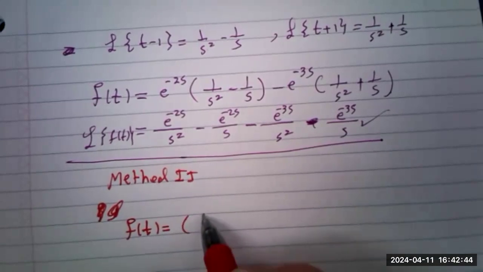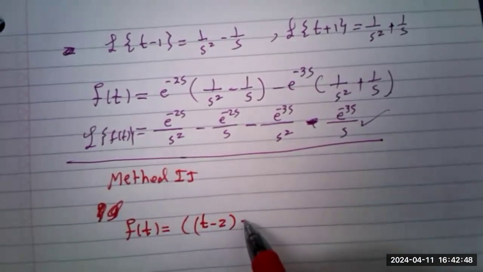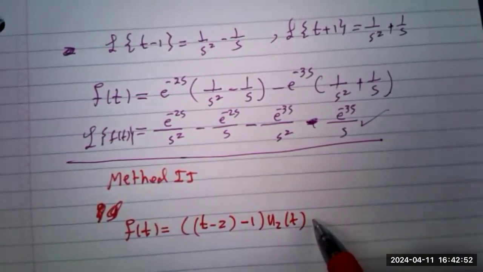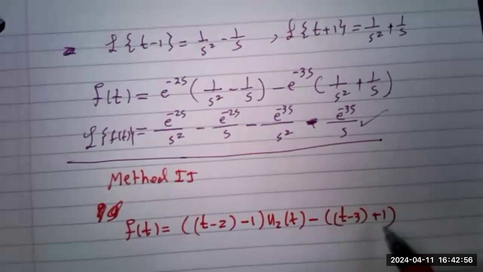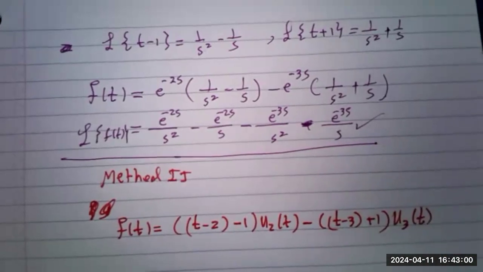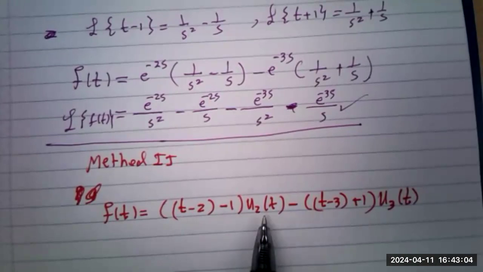You see, this is a t minus 2 that we created, minus 1, times u2(t). And that was minus t minus 3, last one times u3(t). The other method is that you take only t minus 2 times u2. Multiply them together.